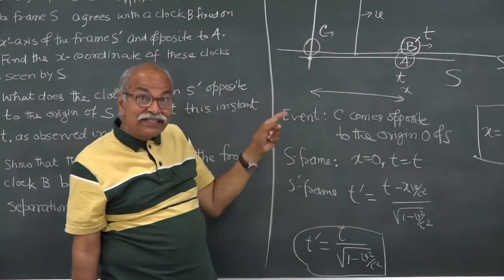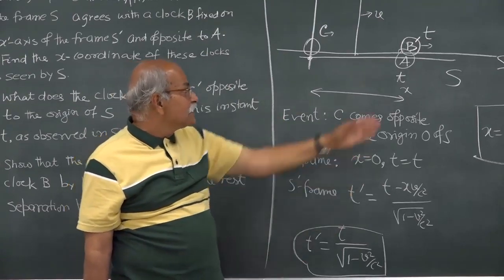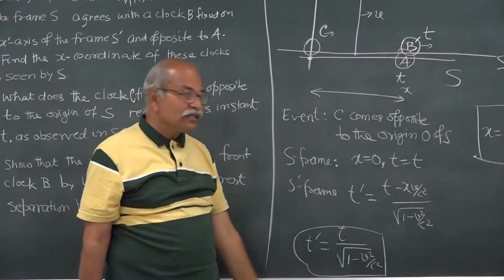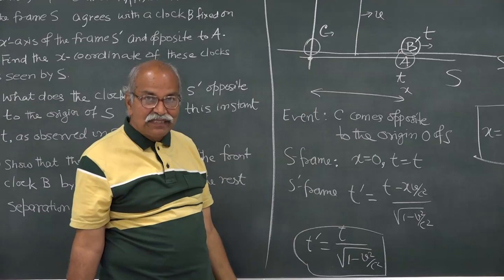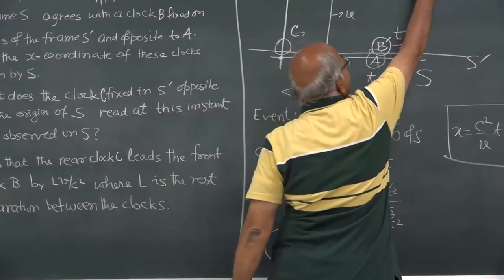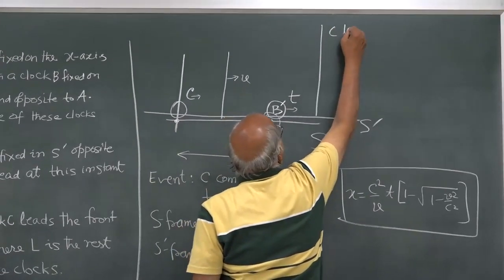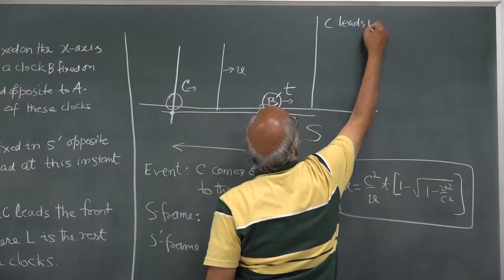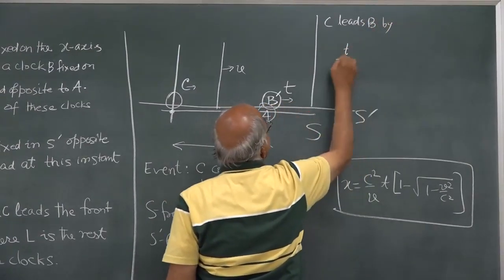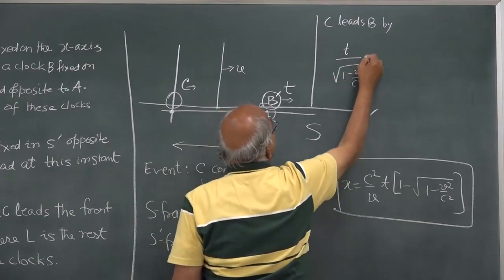Rear clock leads. By how much does it lead? You can subtract: this reads t and this reads t divided by this much. So, let me write it here. C leads B by t divided by square root of 1 minus v square by c square, minus t.